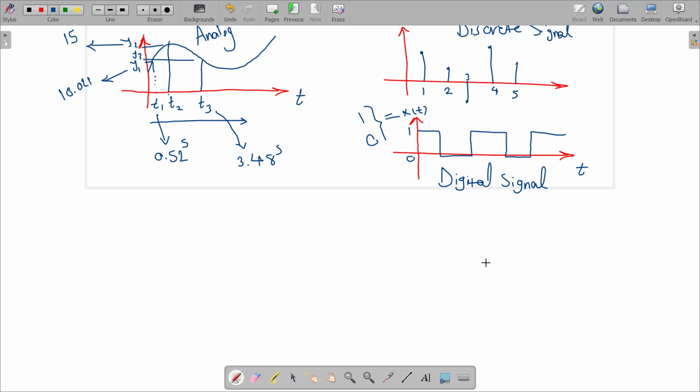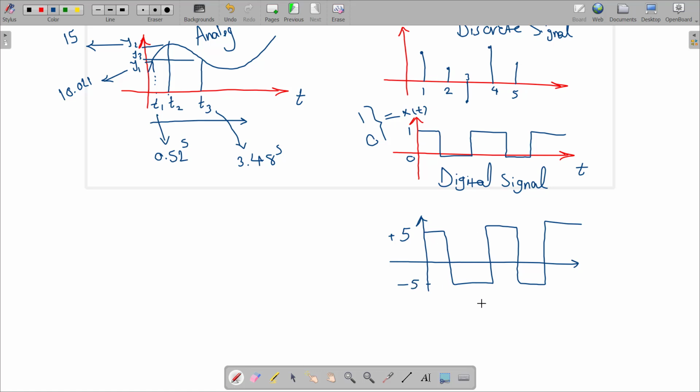So it doesn't matter whether the values of this signal are 0 and 1. You can draw the digital signal something like that. Again, you can see that if, for example, here is +5, here is -5, this is also a digital signal because it has just two values, +5 and -5.